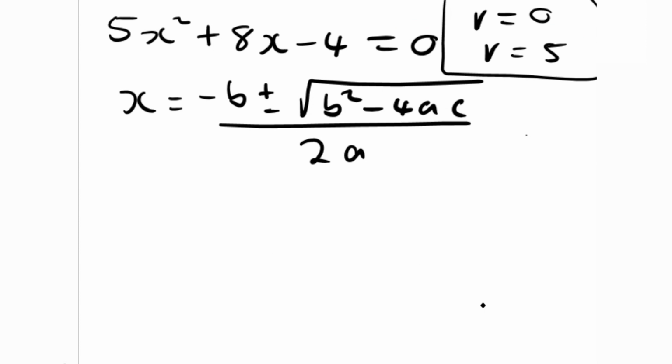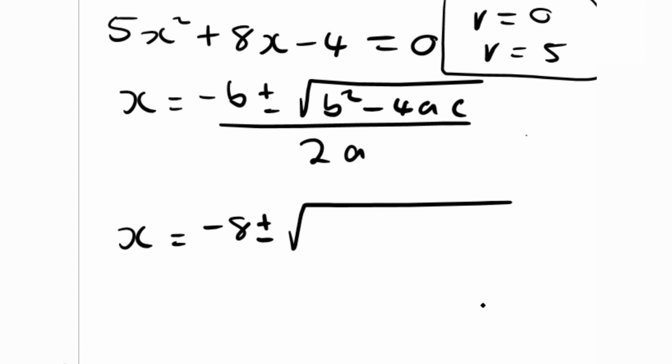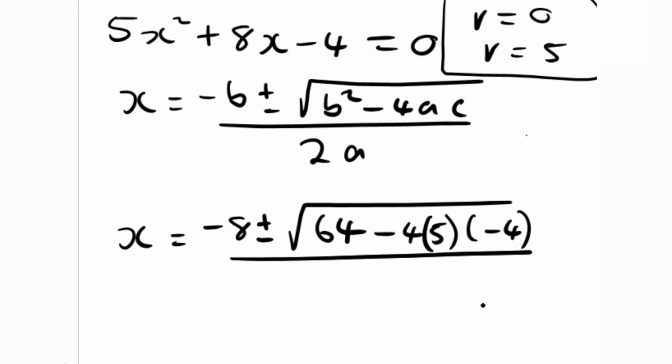Our roots will be x equals minus b, which is minus 8, plus or minus the square root of 8 squared, which is 64, minus 4 times a, which is 5, times c, which is minus 4, everything over 2 times 5, which is 10.